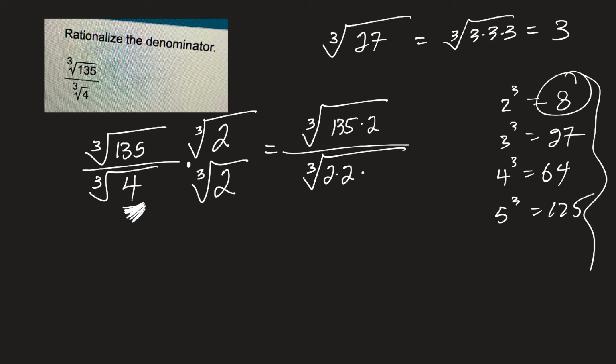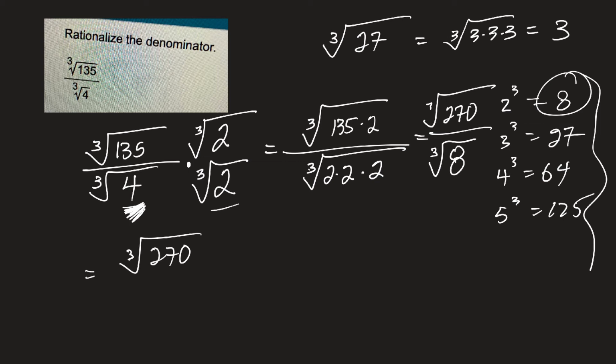And then this other 2 would be another 2 there. So the cube root of 2 times 2 times 2 is just 2. I guess I could write that as the cube root of 8 on the bottom. Let me just throw in an extra step or two. This is 270, I think. So it'd be the cube root of 270 over the cube root of 8, which we've seen already is 2.